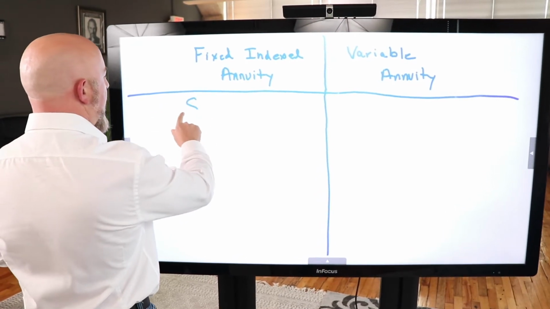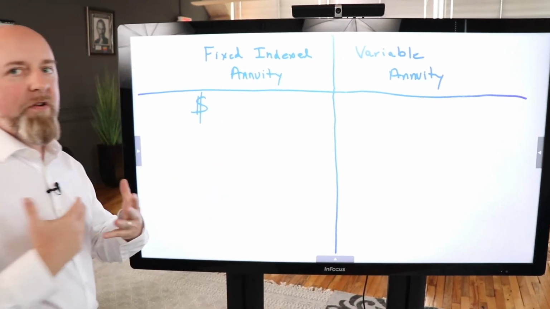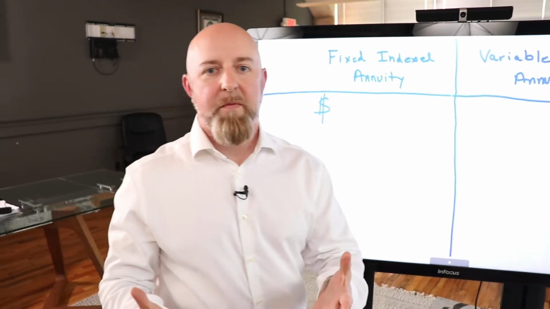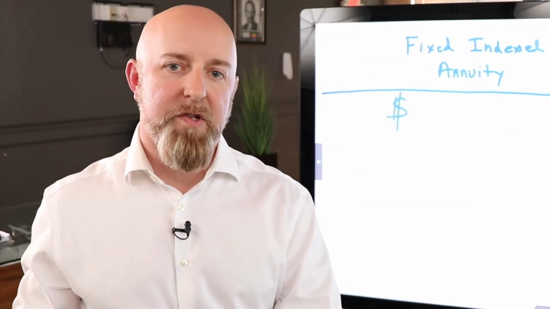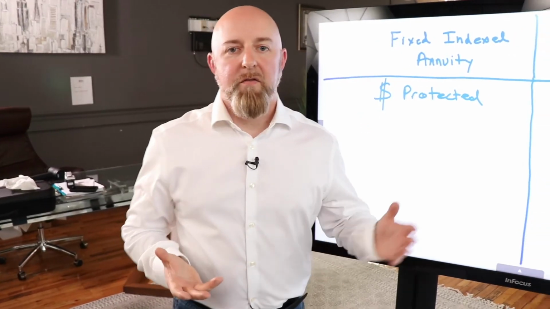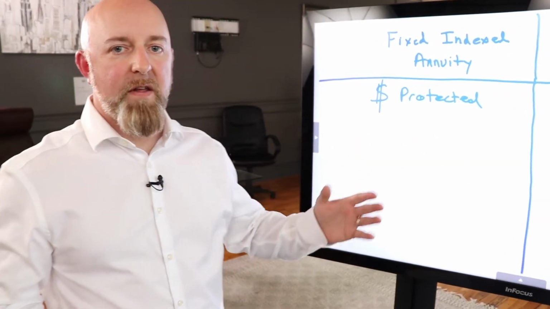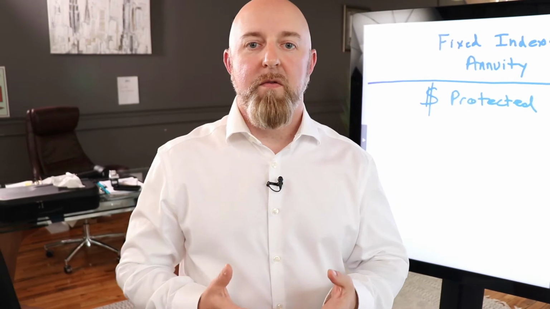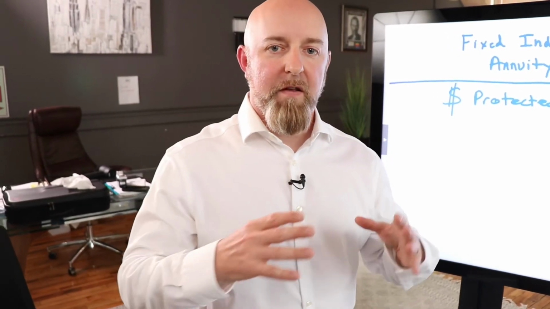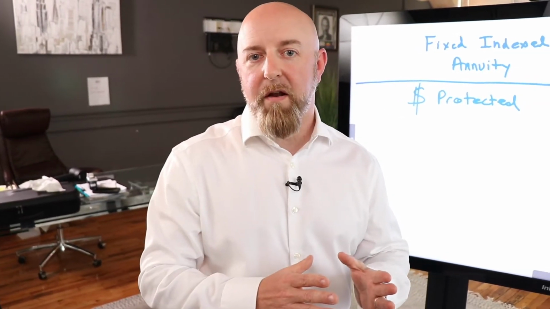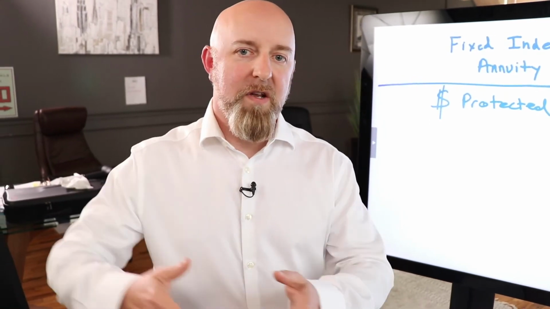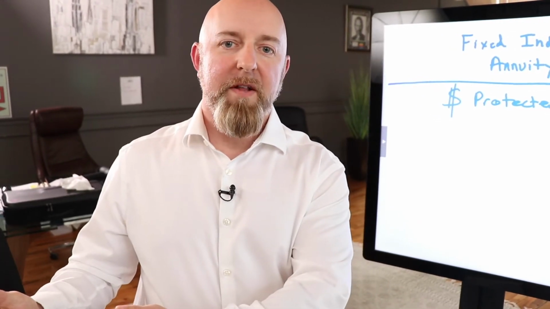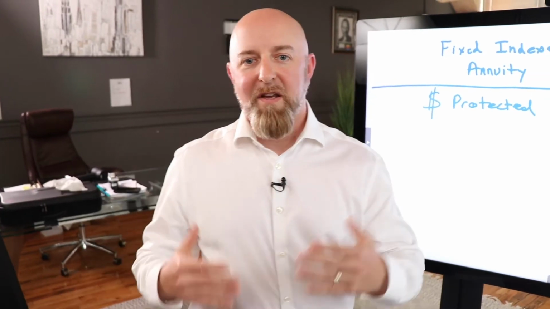So when your dollars go in, they're not going into the stock market, they're going into the general account of the insurance company. So your money is protected from market volatility. And the way you're going to get growth out of this is based on the index you're in. That insurance company is going to credit you interest based on the performance of that index.